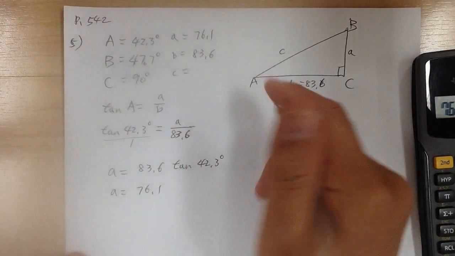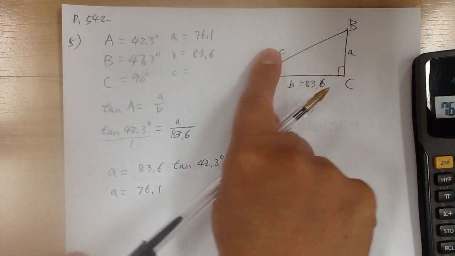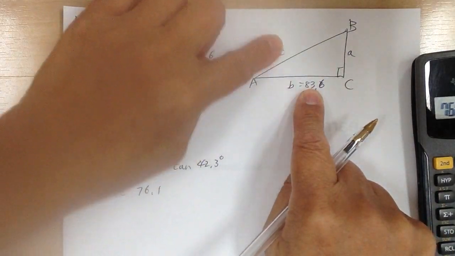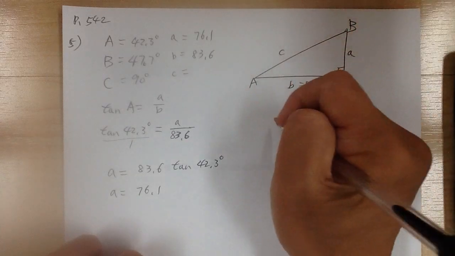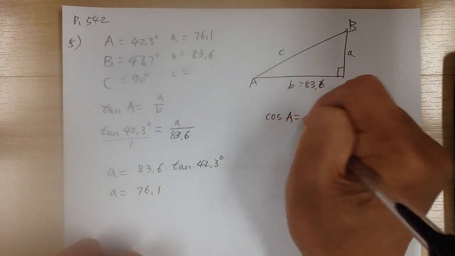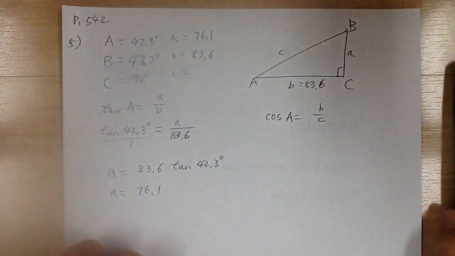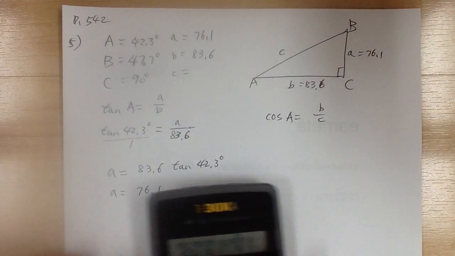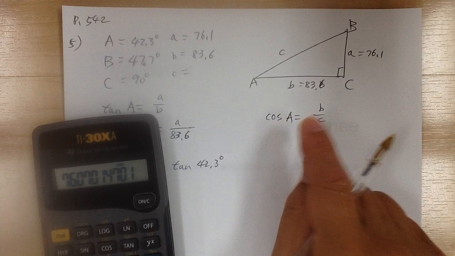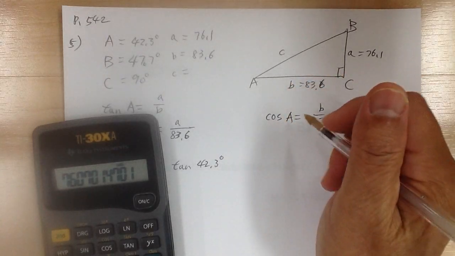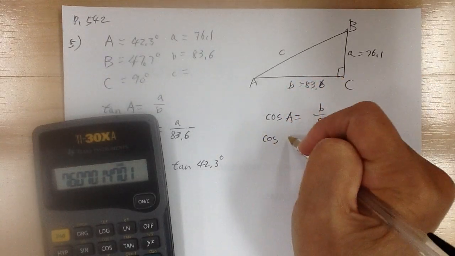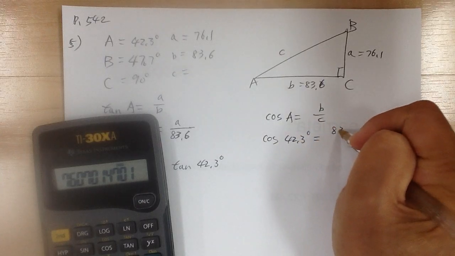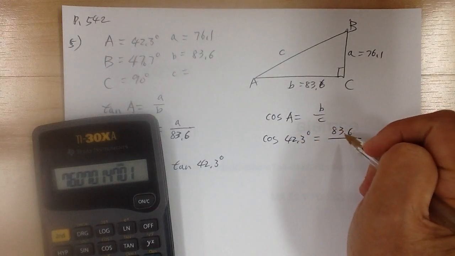So you're missing c. Okay, so you're looking for c, and this is given. So that means this is your cosine function. Okay, so you have to use cosine A equals b over c. Then put in the numbers. Again, always write down your formula, and then it will cut down a lot of mistakes. So cosine of 42.3 degrees equals 83.6 over c.